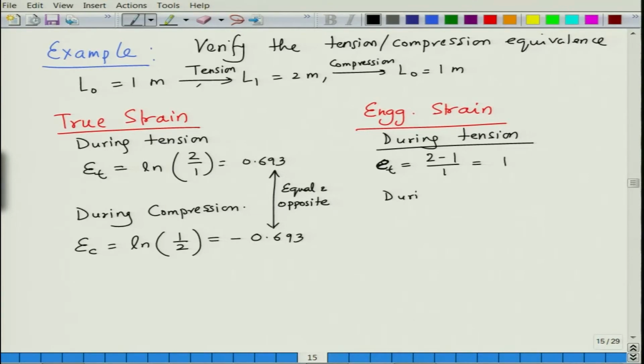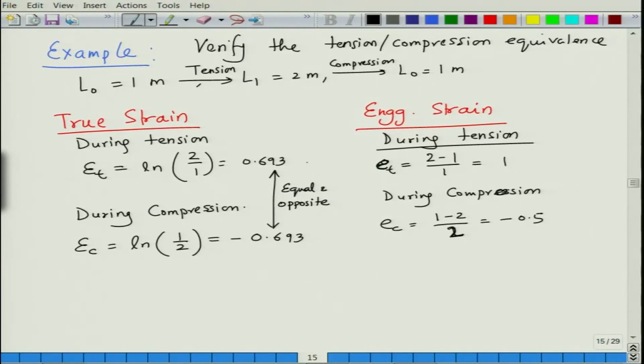During compression, Ec is equal to 1 minus 2 divided by 2, which is equal to minus 0.5.